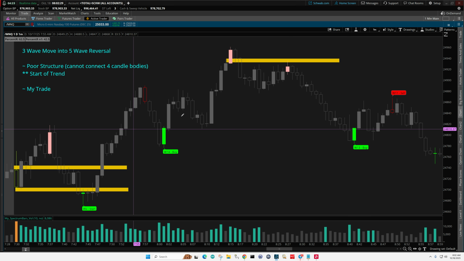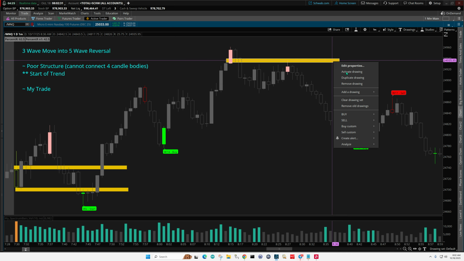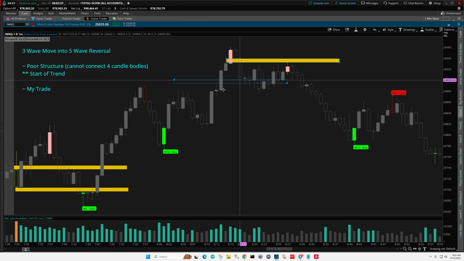And if I were to quickly show you this one, what I'm thinking is, okay, where can I only connect? I'm going to use the bottom of this little doji upside down hammer right there.